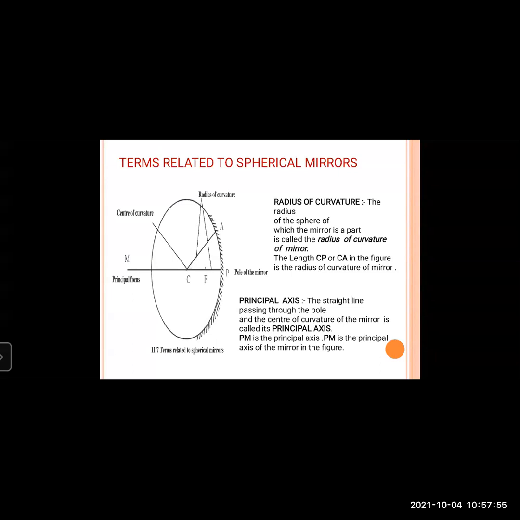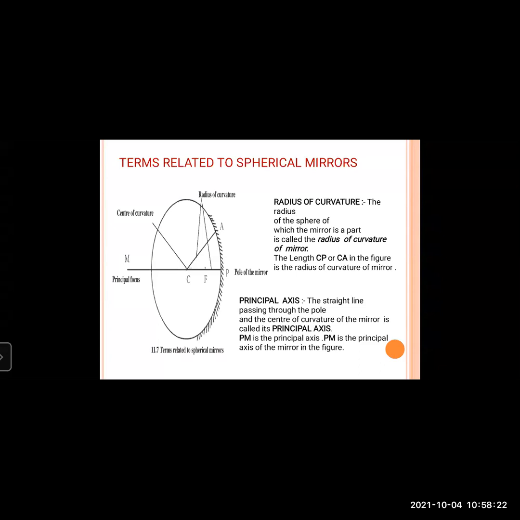Here the normal radius of the circle becomes the radius of curvature for the spherical mirrors, and point P is the pole of the mirror. The length CP or CA in the figure is the radius of curvature of the mirror.